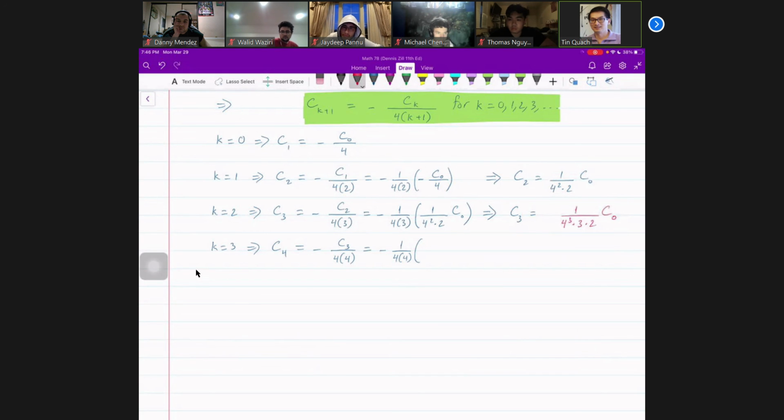And then negative there. So you have negative 4 cubed times 3 times 2 c naught. So that means c sub 4 is equal to positive, and then you have 4 cubed times one of the 4s, you get 4 to the 4. And then you have 4 times 3 times 2, c sub 0.